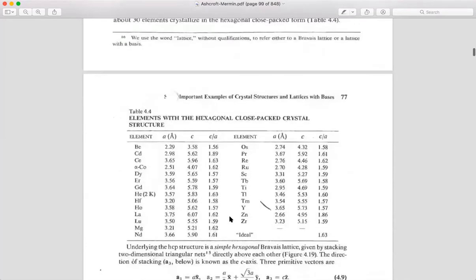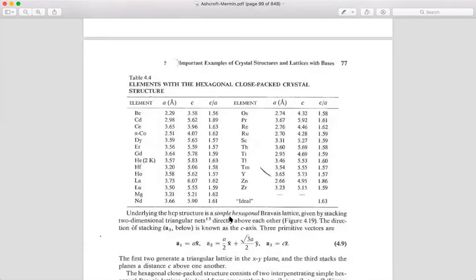So let us see. Yeah, these are the ones. So there's a large number of them that form hexagonal close packed structures, and cobalt is one, among the most commonly encountered metals. Cobalt forms HCP structure. Magnesium is another.